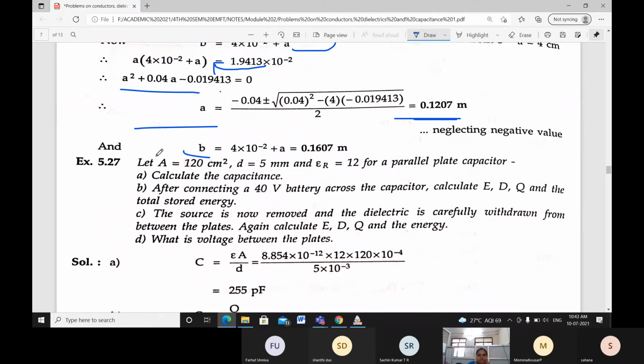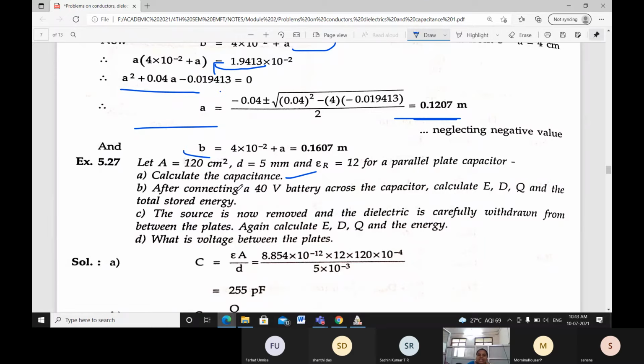Okay. Next, let A be 120 centimeter square, that is the area, and D, the distance, is 5 millimeters, and epsilon R is given as 12 for the parallel plate capacitor. The last part we took in the theory was parallel plate capacitors. First, we have to calculate the capacitance.